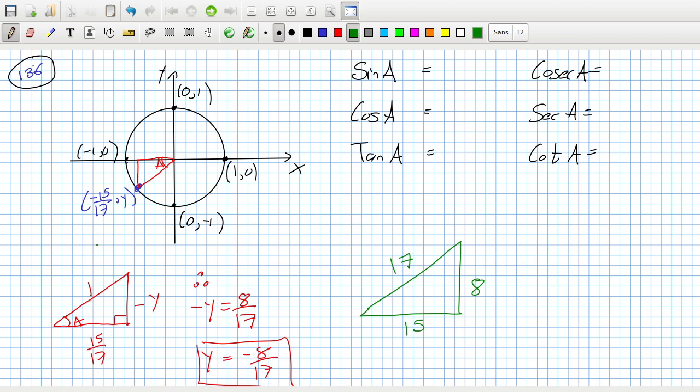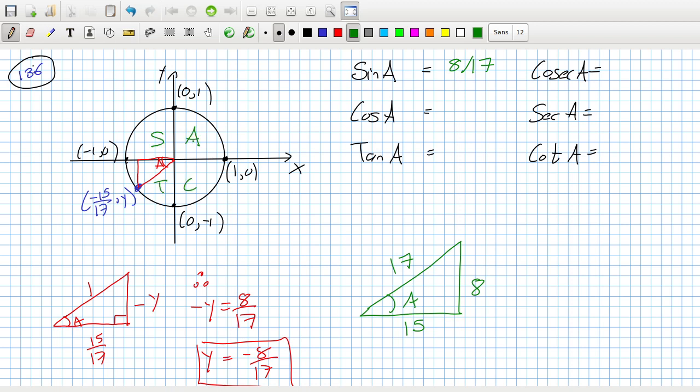Okay. So sine A would be 8 over 17. Cos A would be... Oh, now we have to be careful with the signs.